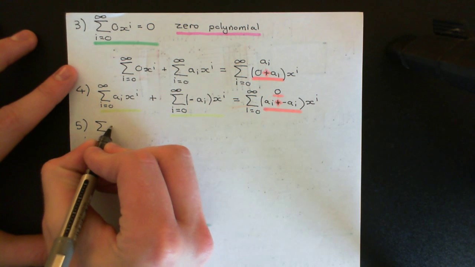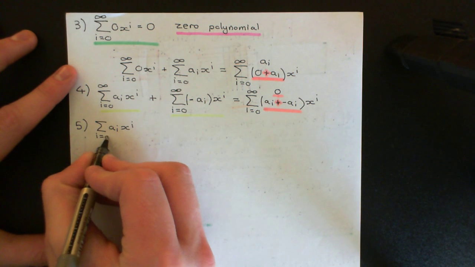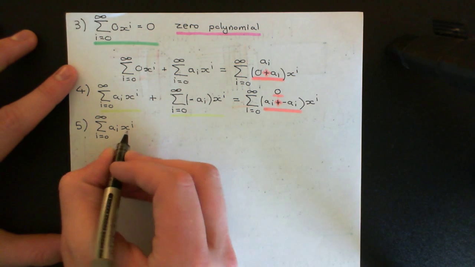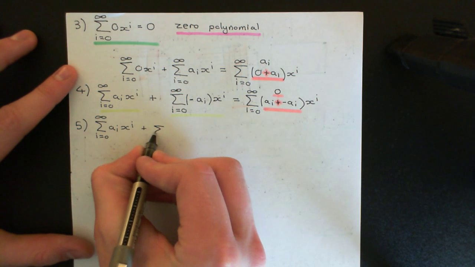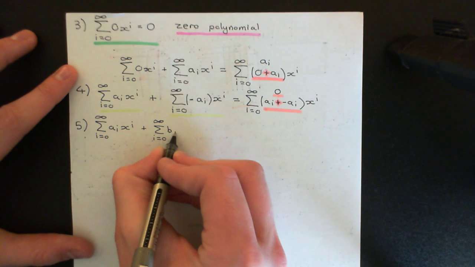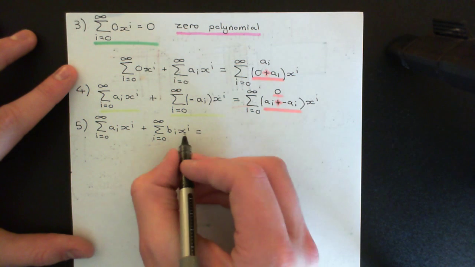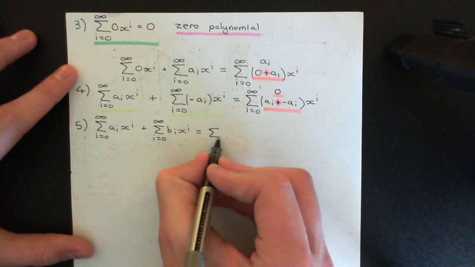Okay, so I need to check that if I add the polynomial a here, the sum from i equals 0 to infinity of a_i x^i, to the polynomial b, the sum from i equals 0 to infinity of b_i x^i, that I will get back the same as if I add them the other way round.